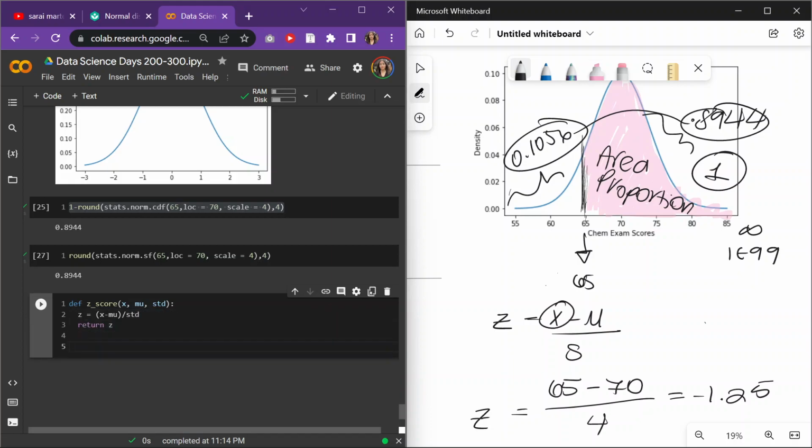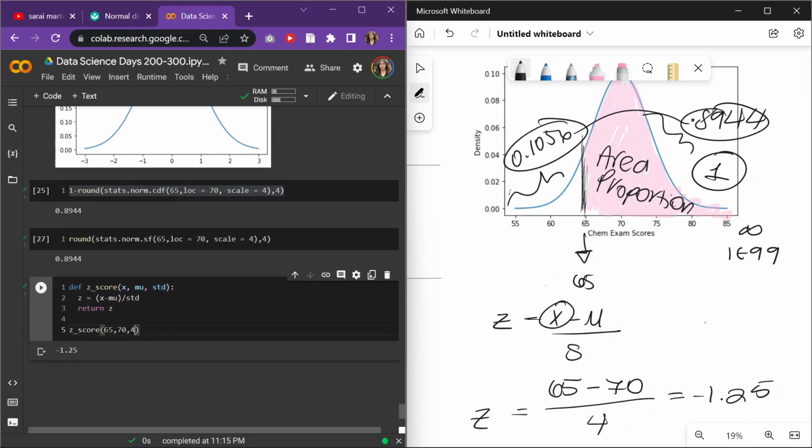And then if I call my function z-score and I put in my values, so my x was 65, mean was 74, like mu, and the standard deviation was 4, it's going to give me our z-score. See, that's perfect. Okay, so now what do I do?